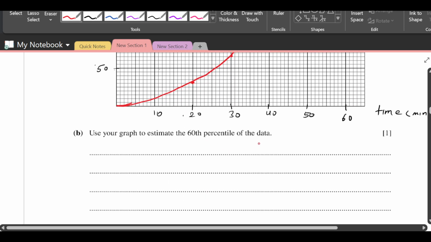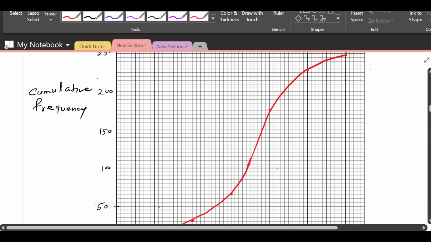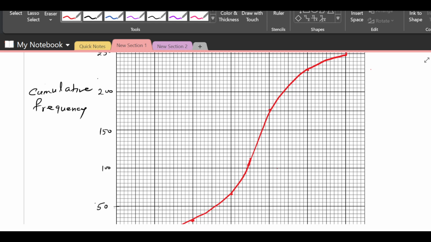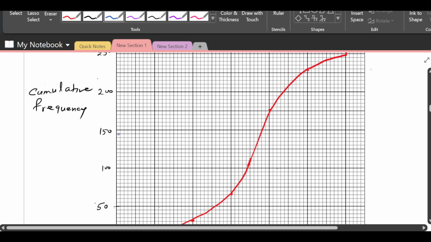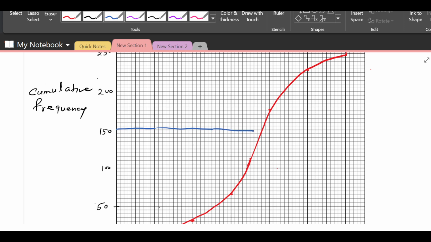Use the graph to estimate the 60th percentile of the data. So 60% of 250. 60 divided by 100 of 250 is 150. So at 150 we will draw a line. This cuts here. From here we draw a vertical line.